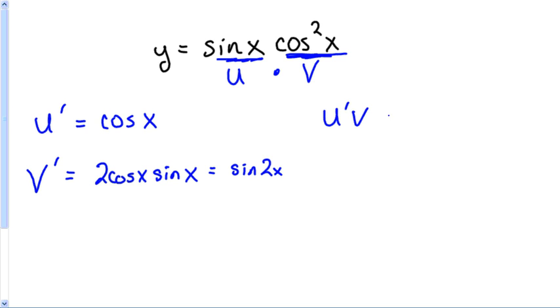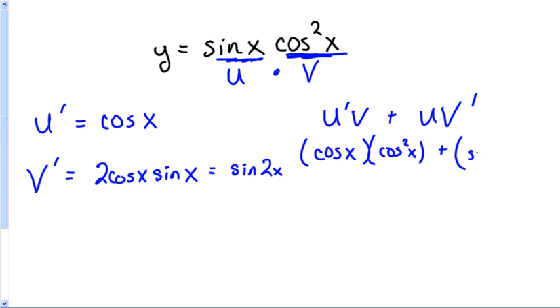So let's do our product rule. U prime v plus u v prime. So u prime is cosine x times v, which is cosine square x, plus u, which is sine x, times sine of 2x. Let's see what we can do.